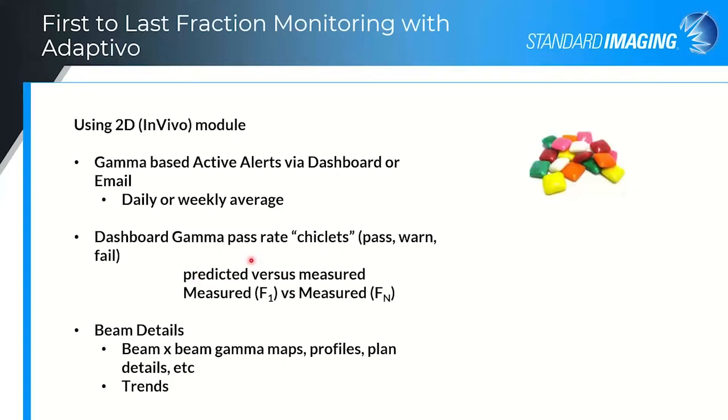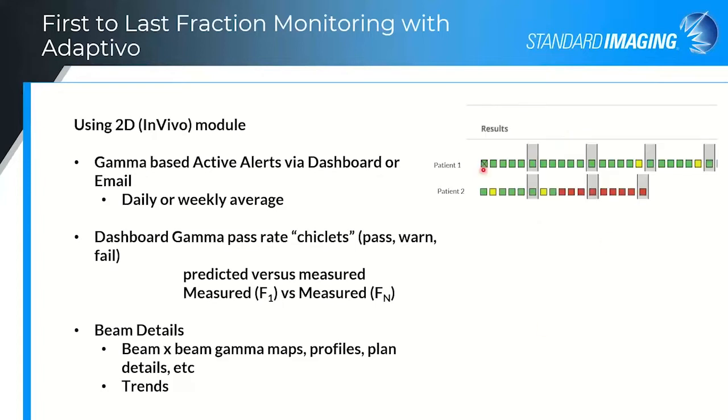And our dashboard has gamma pass rate chiclets, pass, warn, and fail. But here I'm showing you what a chiclet is. So chiclets are these candy-covered gums, and our dashboard somewhat reflects those, because here are our dashboard chiclets, the green for pass, yellow for alert, and red, of course, for fail. And this is showing the treatment for 2 separate patients.